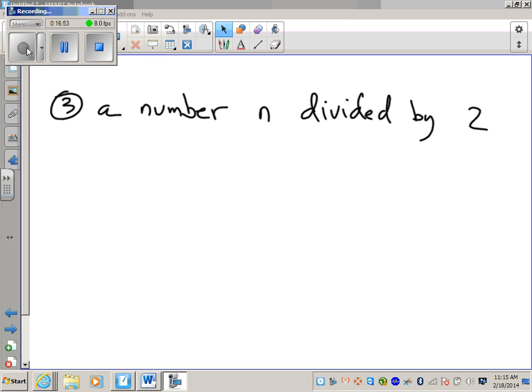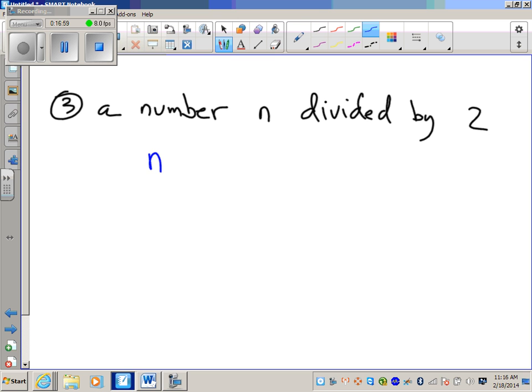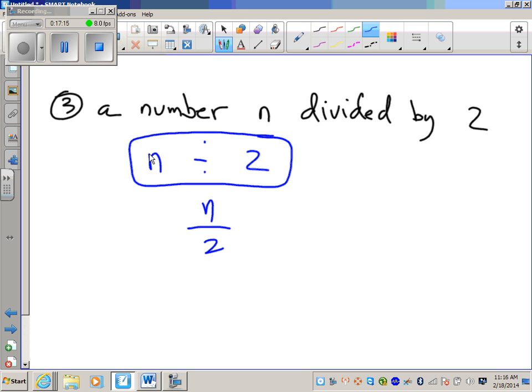Okay, a number n divided by 2. How am I going to write the expression? n divided by 2. Or, is there another way I could write this? The order has to stay the same. Or n divided by 2.